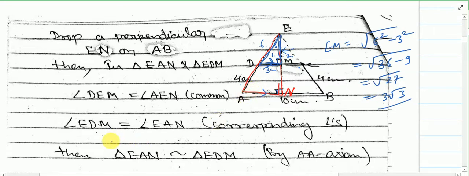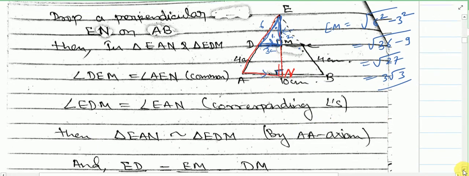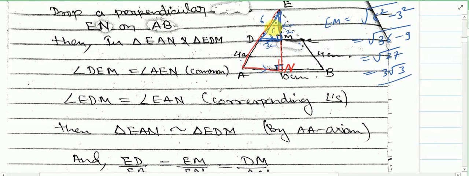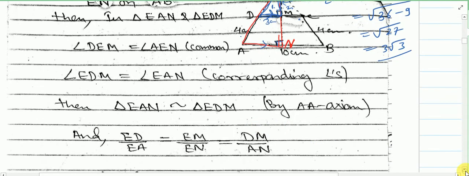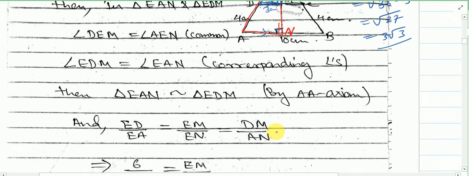Corresponding angles. And due to the angle axiom, these two triangles are going to be similar. And once they are similar, corresponding sides are going to be proportional. Clear?